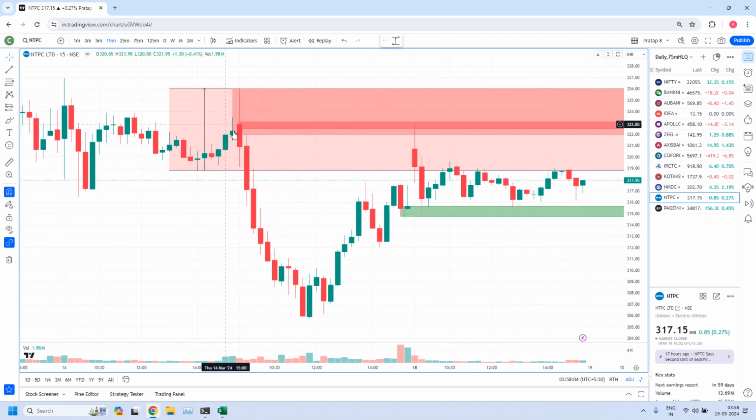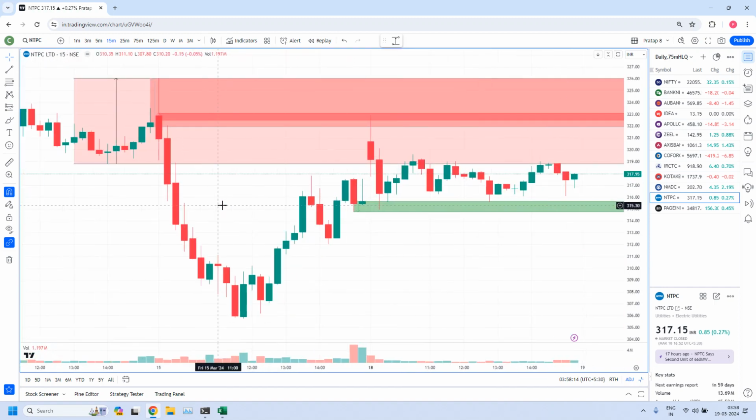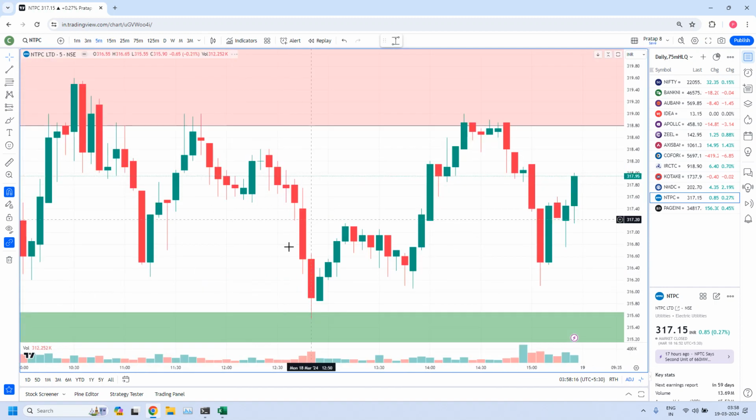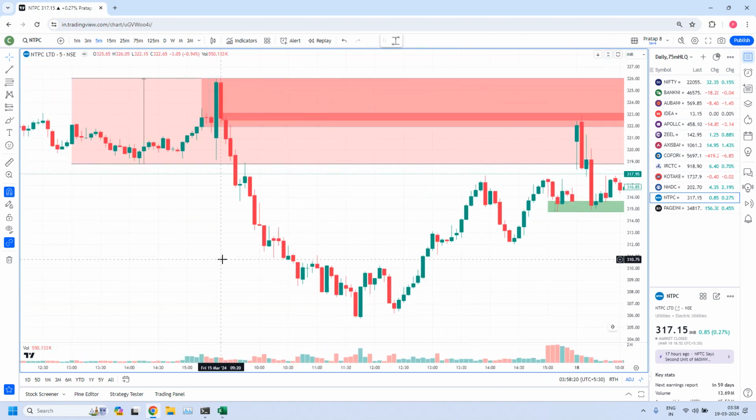Inside 75 minutes we have 15 minutes. Now look into the inside 15 minutes. That is 5 minutes. See the 5 minutes zone?